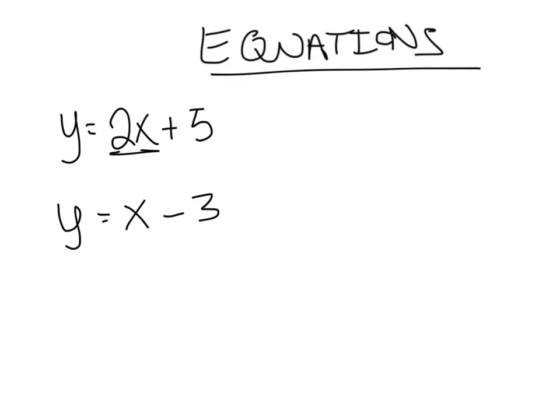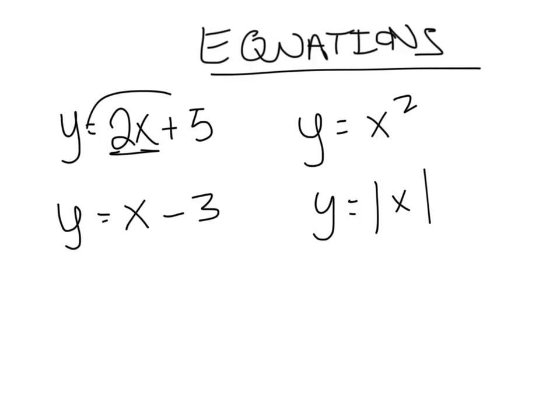Even if I have some kind of more interesting things like y = x squared or y = say, the absolute value of x, these are all going to be linear relationships because I can write them as an equation.